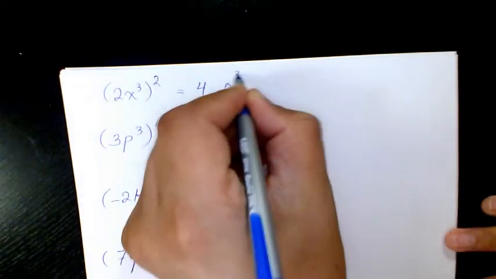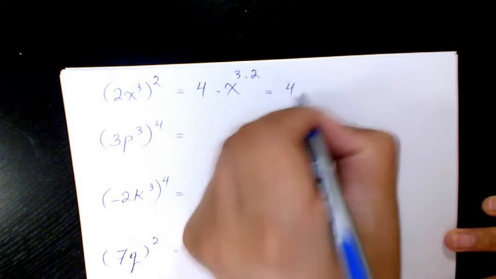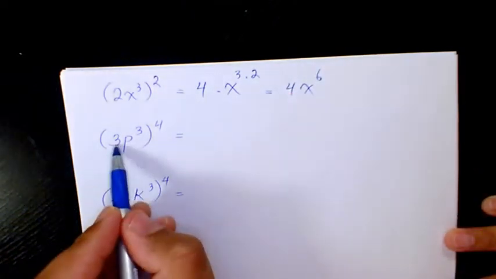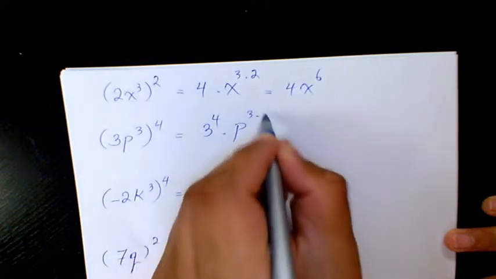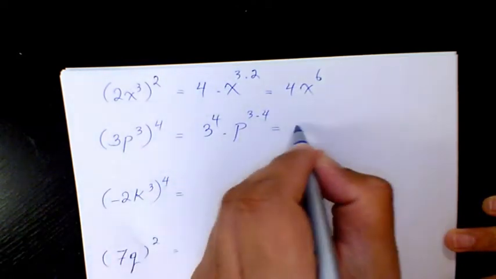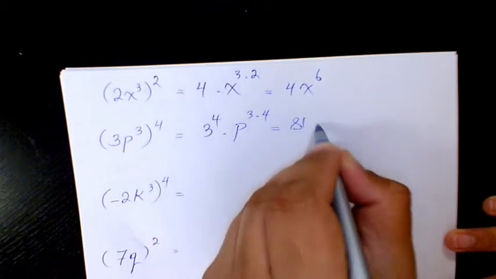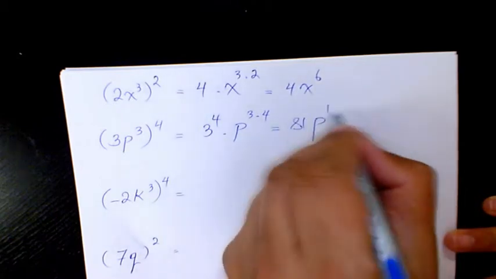2 to the power of 2, 4. X to the power of 3 times 2. It's going to be 4x to the power of 6. 3 to the power of 4 is 3 to the power of 4. P to the power of 3 times 4. So 3 to the power of 4 is going to be 81. P to the power of 3 times 4 is going to be 12.